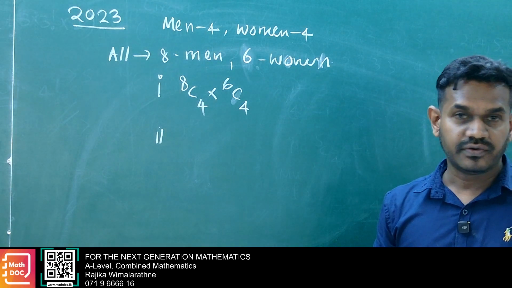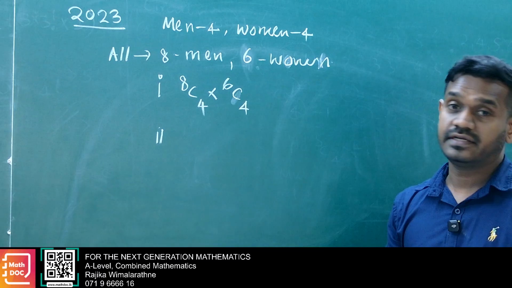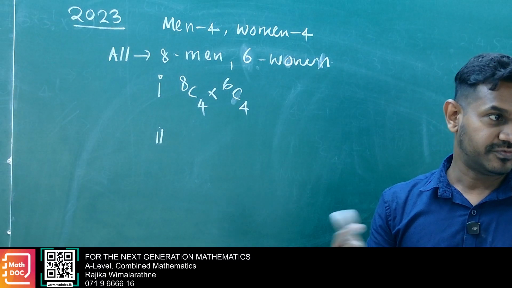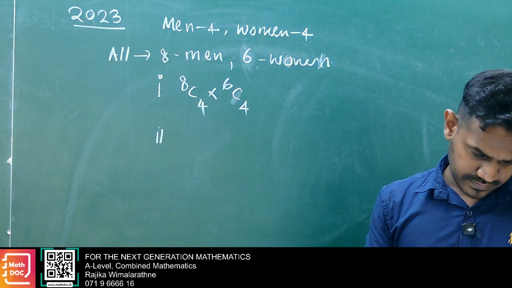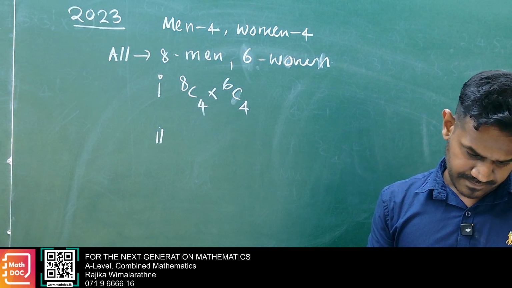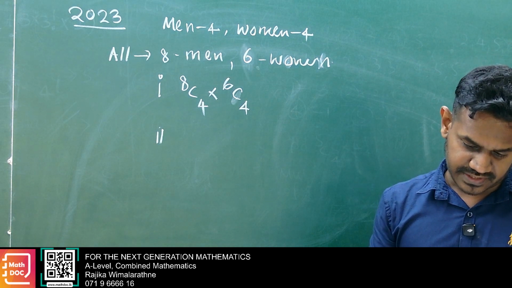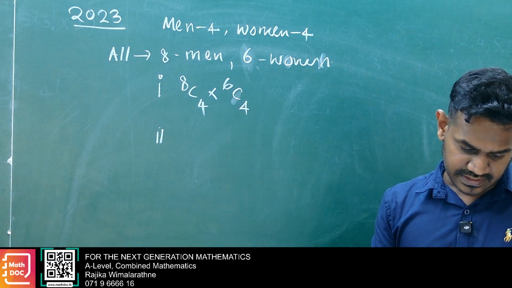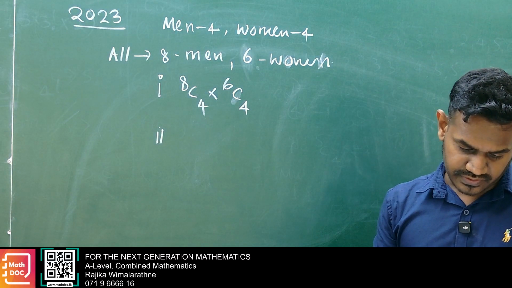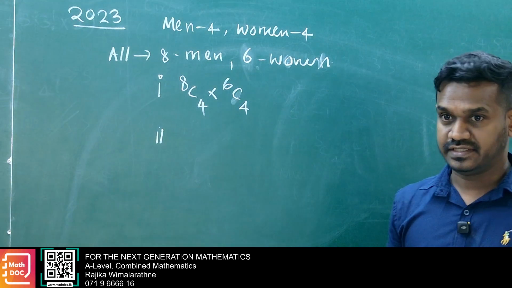Okay. Now we have taken 8, 4 men and 4 women, no? Suppose that committee was selected. Find the number of ways these members can be seated in a row if no 2 women are next to each other.